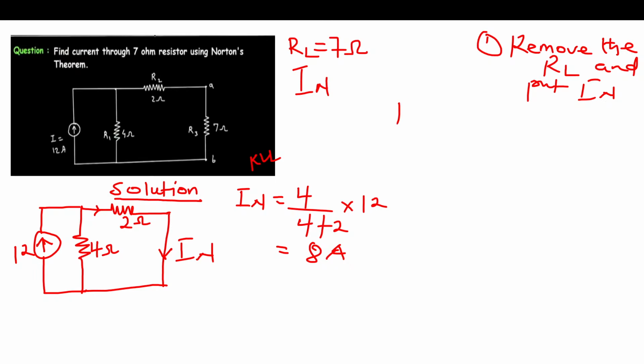So let's find RN. And please, if you don't get anything, you can just prompt me in the comment section so that I go over. Let's consider RN. Now, RN is a total resistance, okay?